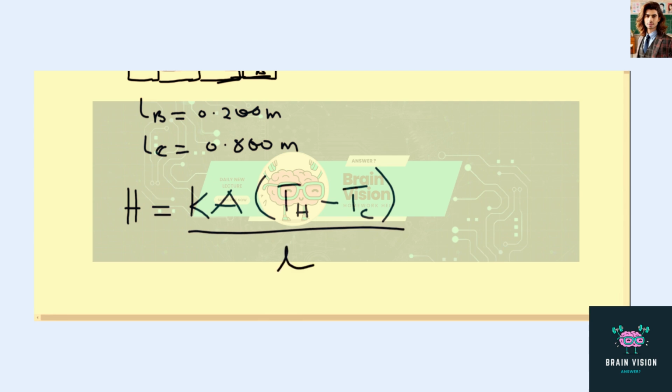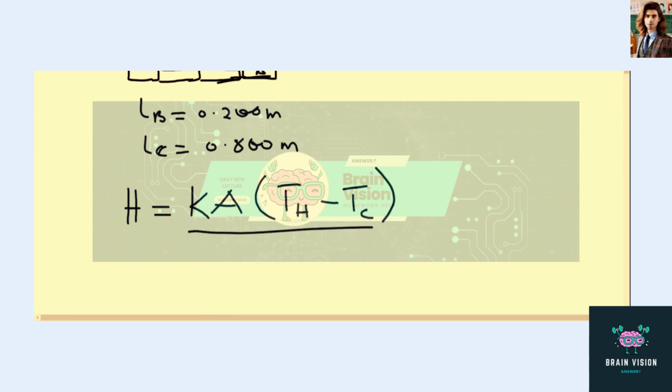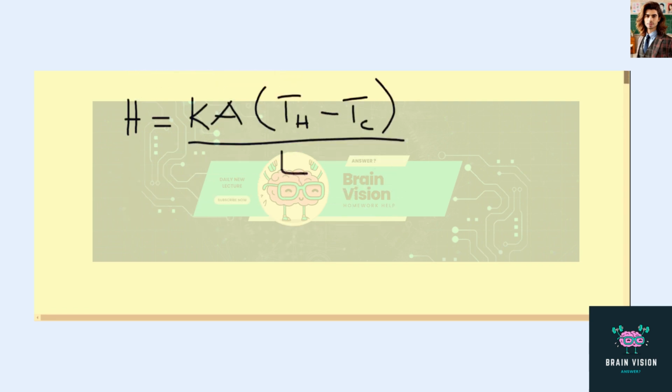The equation for heat current H is the thermal conductivity times the area, times the change in temperature, the hotter one minus the cold one, divided by the length of the rod that we are considering.